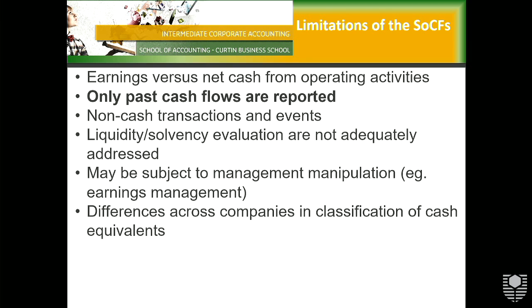Also, when you're reviewing from an auditing point of view, you want to look at different things where they're trying to manipulate and hide things away. There are lots of things you can pick up through your cash flow.